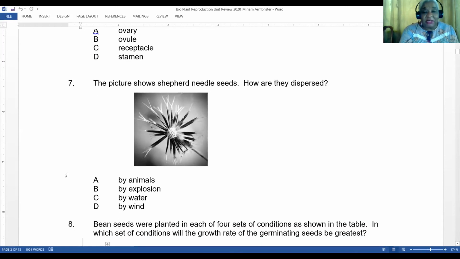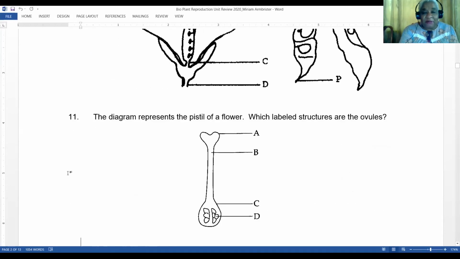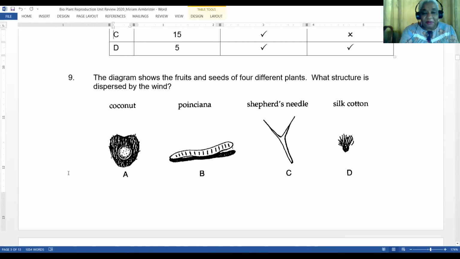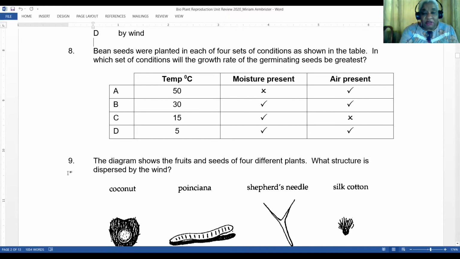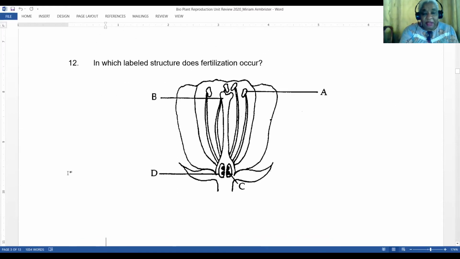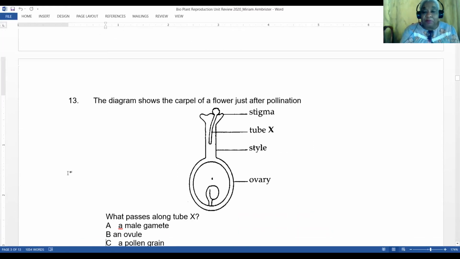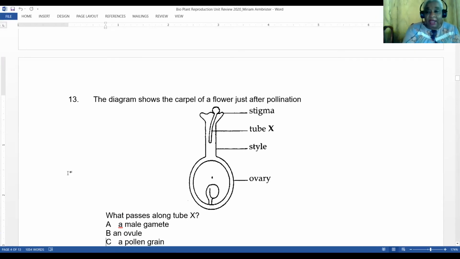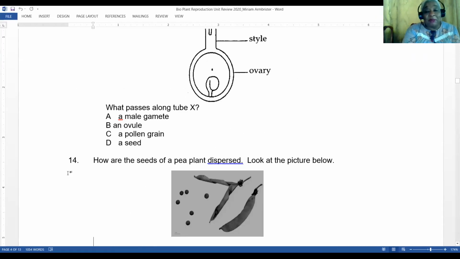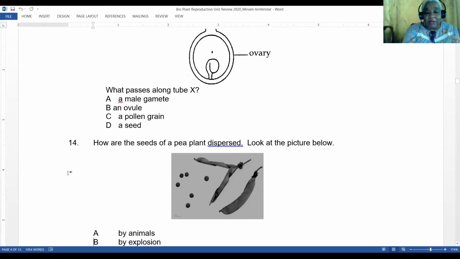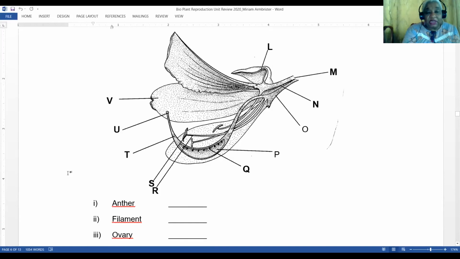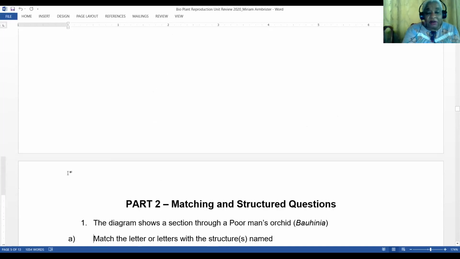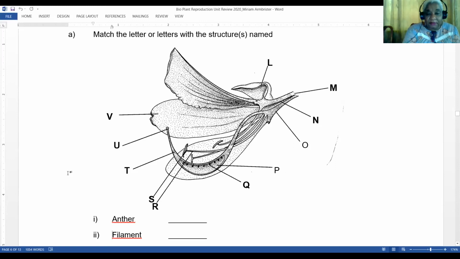We haven't gotten around to seed dispersal yet, but I'll try that for our next lesson. Different types of seeds, germination, all of these things are coming up. So if you print this out, or you can write out the answers if you can't print them out, you can find all of these answers. And here is a half flower of a poor man's orchid, and you can label all of the parts.